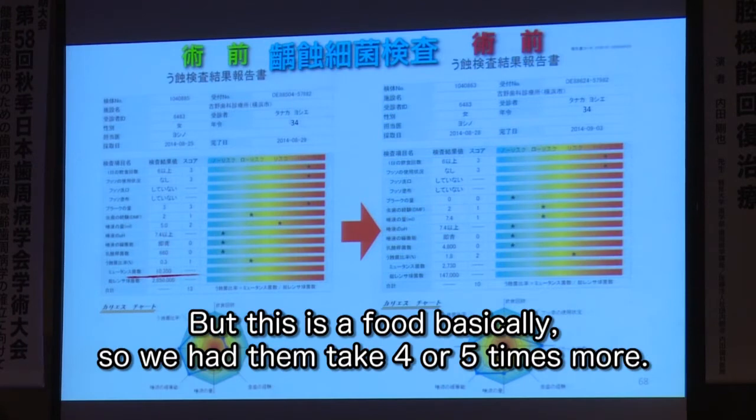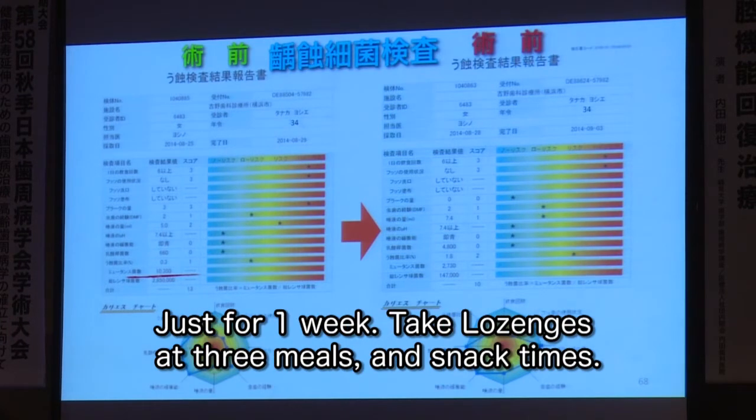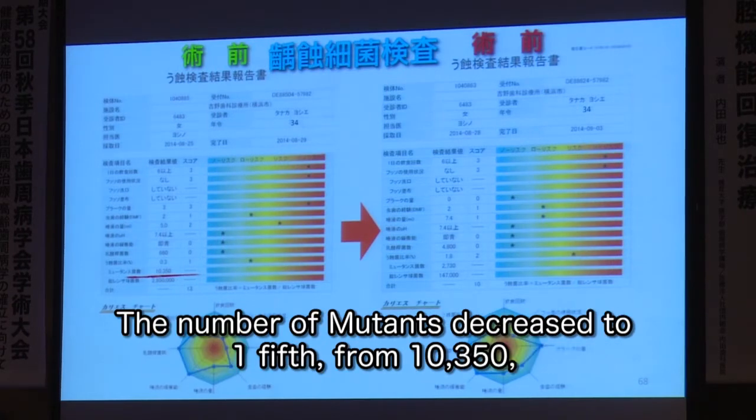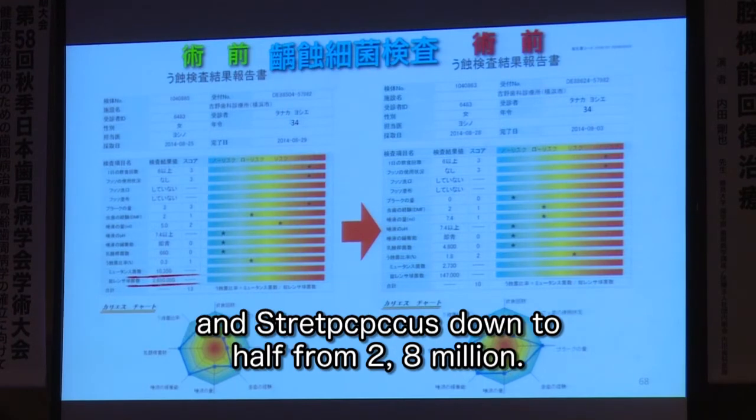But this is basically a food, so we had them take 4 or 5 times more, just for 1 week. Take lozenges at 3 meals and snack times. The number of mutants decreased to 1/5 from 10,350, and Streptococcus down to half from 2.8 million.